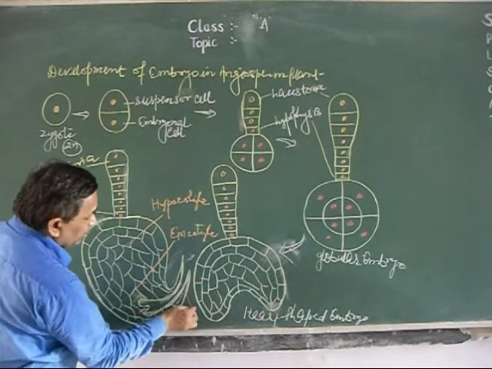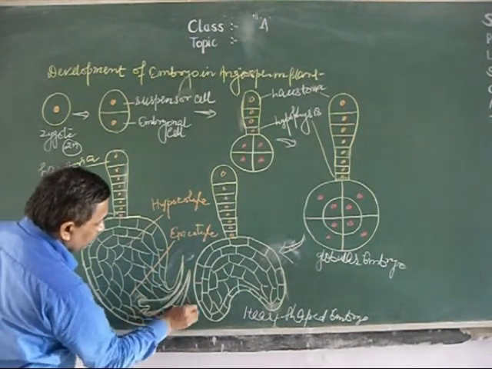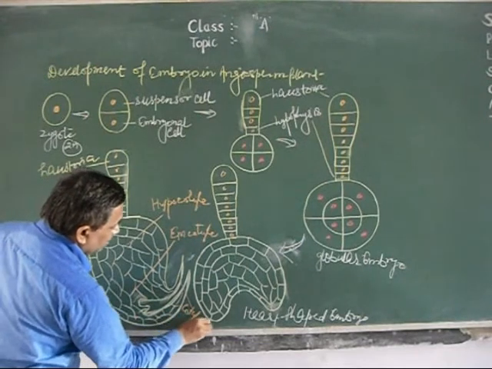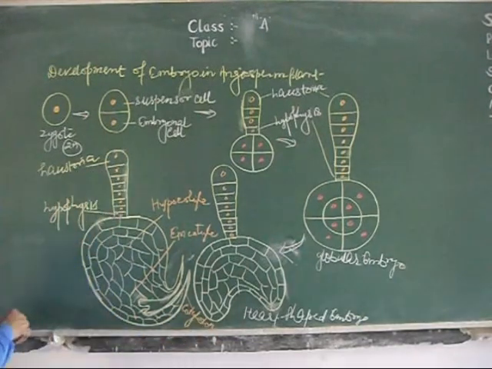These two structures are called as cotyledon. So this is mature embryo.